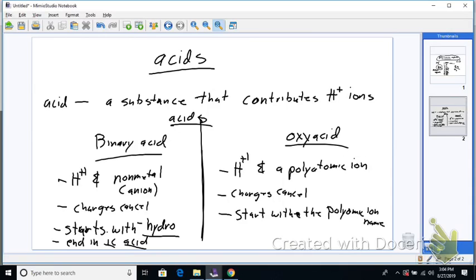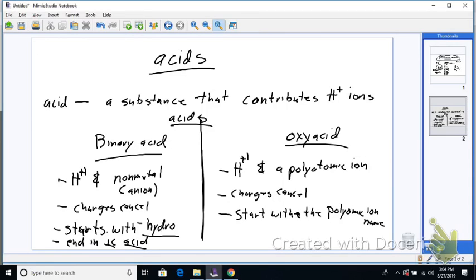Look up NO3. If we have H with NO3, what does NO3 start with? What's the beginning of NO3's name? Nit.